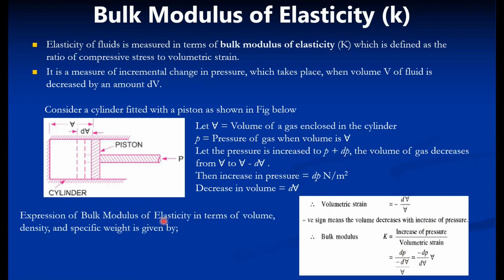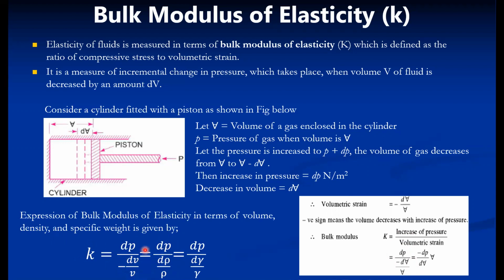The expression of bulk modulus of elasticity in terms of volume, density, and specific weight is given as follows. This is the expression of K in terms of volume. The expression of K can be written in terms of density, but the negative sign is not there because as pressure increases, density also increases.